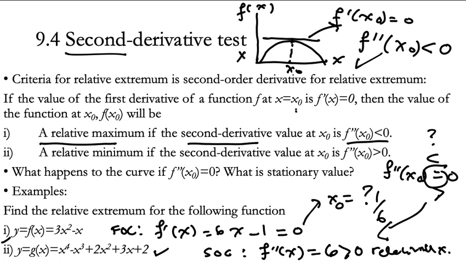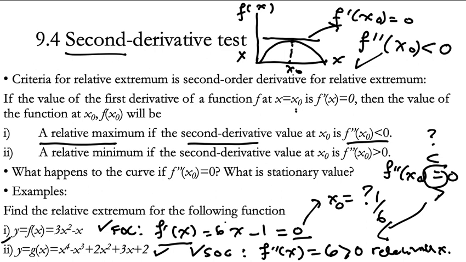So now we have done FOC, we have done SOC. When we have FOC, f prime x equals 0, that is not sufficient for us to detect whether the graph has a relative maximum or minimum. That's why it leads to the second derivative test.